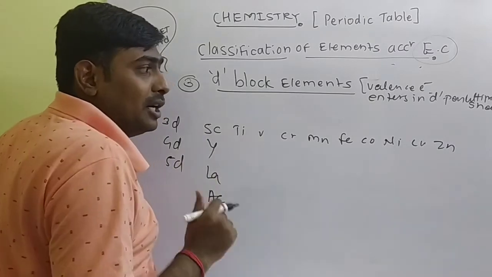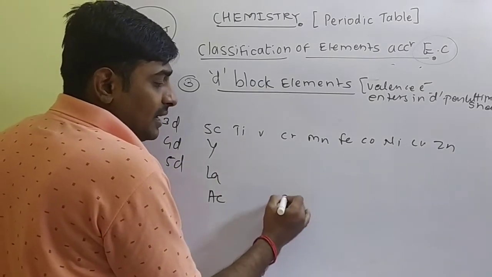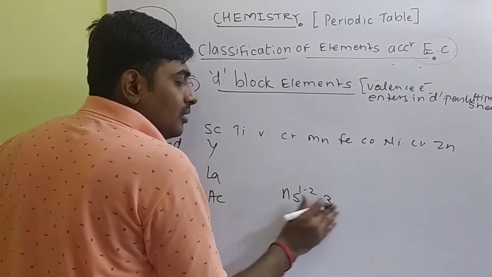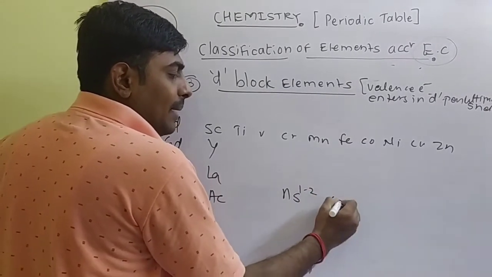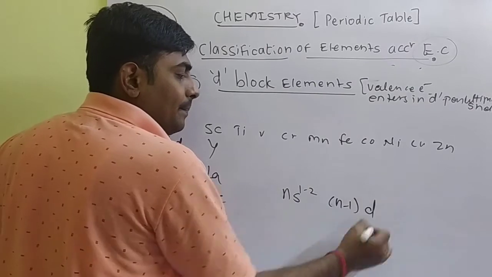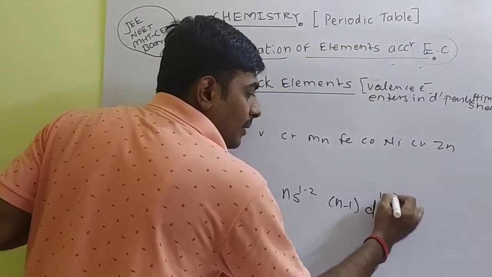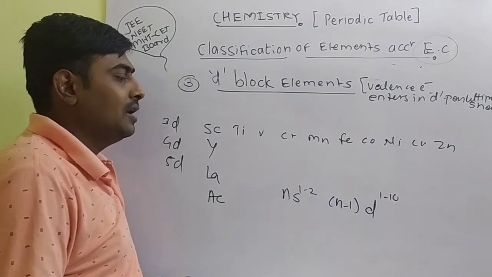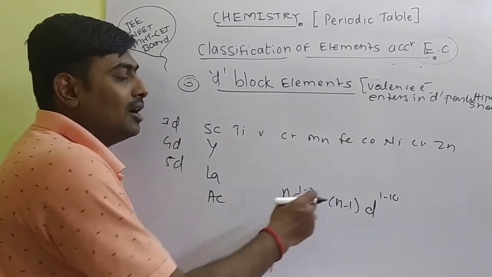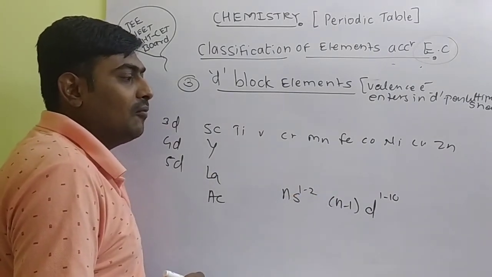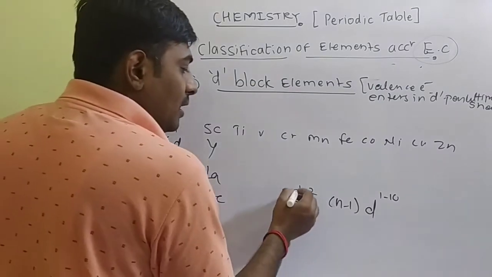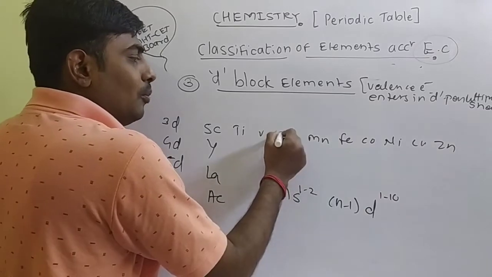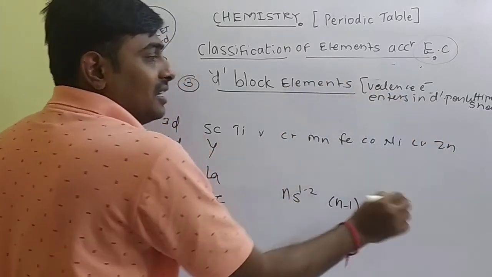So d block elements show the electronic configuration (n-1)d1 to 10, ns1 to 2. So this is your general electronic configuration for d block elements: ns1 to 2 or (n-1)d1 to 10. Generally all the elements show ns2 type of electronic configuration except chromium and its group, and copper and its group.